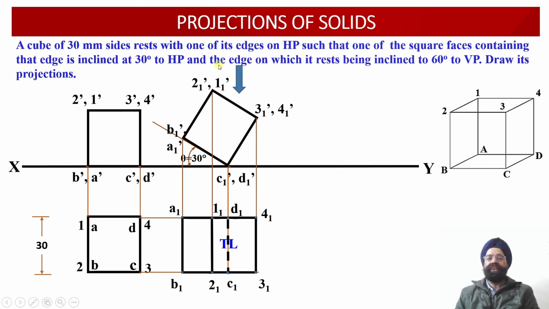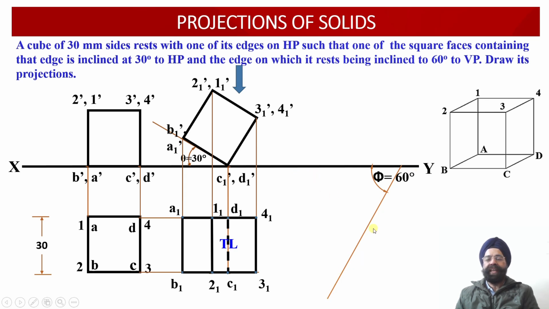Now, in the next iteration, we have been provided with the information that this edge CD, that is C1, D1, on which the cube is resting onto the ground, is further inclined at an angle of 60 degrees with respect to the vertical plane. So we are required to transform or rotate this plan projection view, which we have already obtained, in such a way that this edge C1, D1 should be appearing at an angle of 60 degrees with respect to the vertical plane.